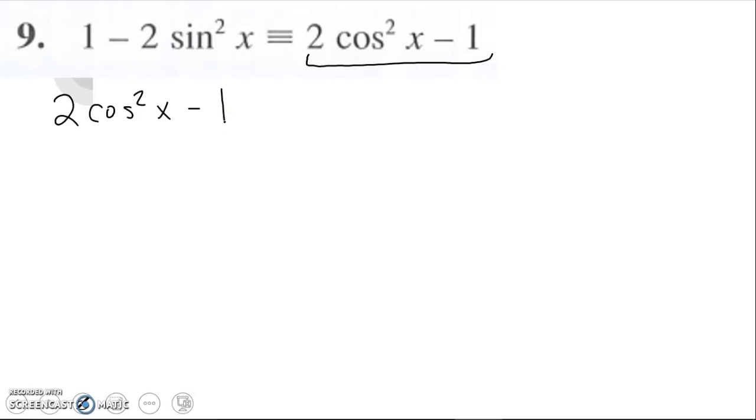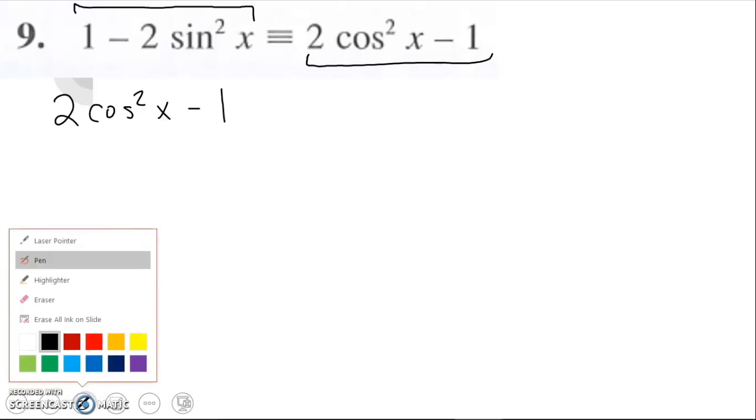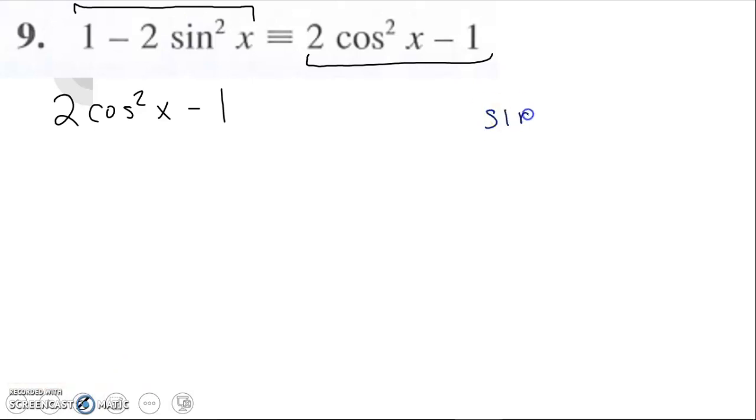I can use one of my identities, right? Since if you notice, I need to have sine squared on the other side. Well, that brings up one of the identities that I should know already. That identity would be that sine squared x plus cosine squared x is equal to 1, right?